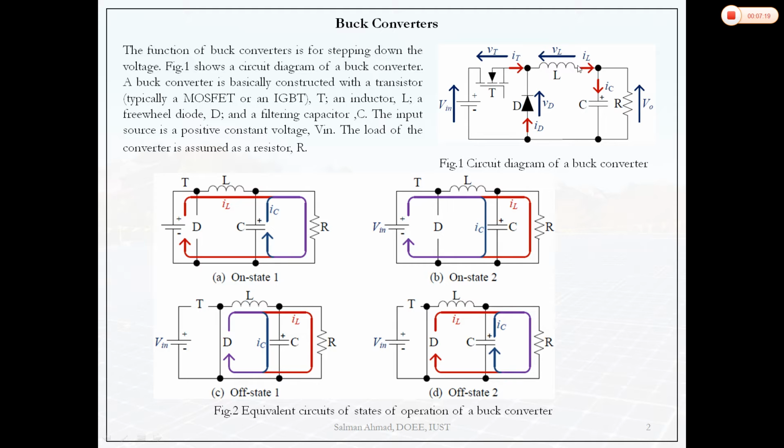So if we apply KVL again in this loop, VL plus VO is equal to 0. The arrow direction is positive on this side and negative on this side. So VL will be minus VO.